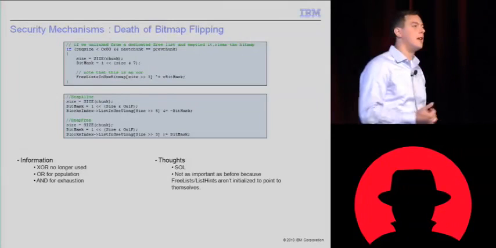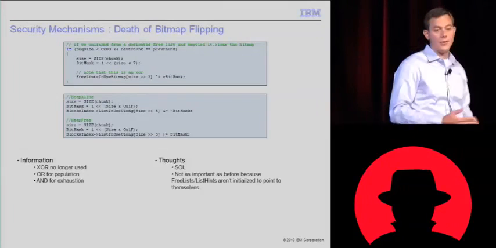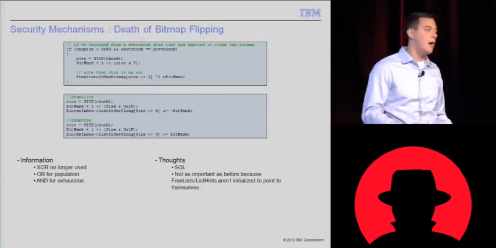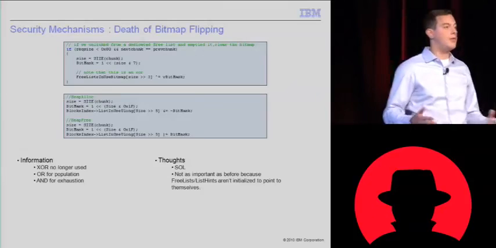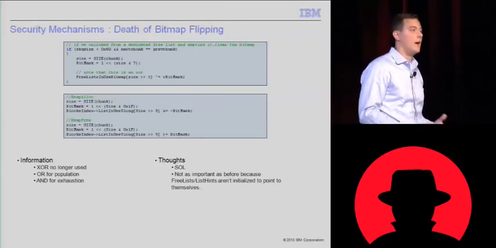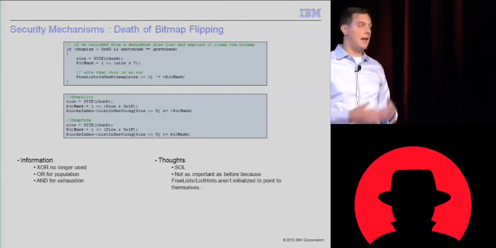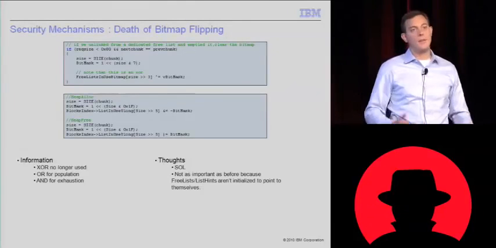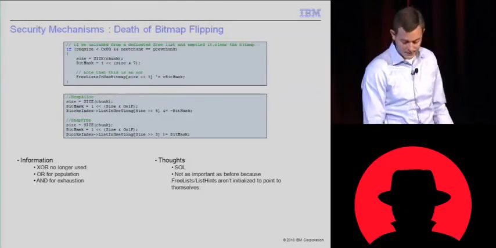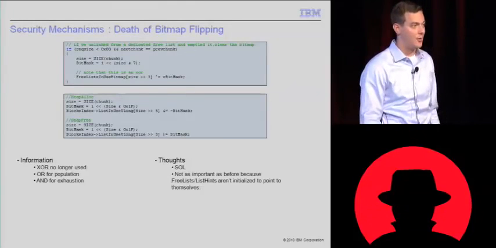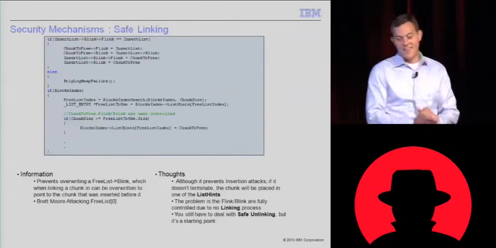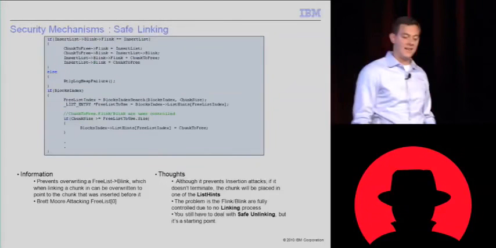With the encoding of the sizes and everything else, this isn't really useful to you anyway. Not to mention, dedicated free lists aren't on heap base anymore. So all in all, it did fix it, but at the same time, it's not as useful as it used to be. Sorry, Nico. I apologize. They ruined it for you. The last thing I kind of already talked about is safe linking.